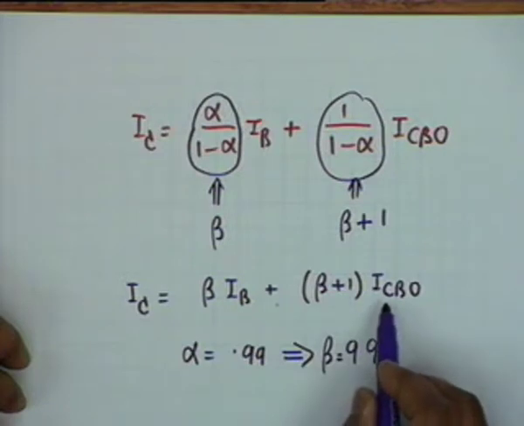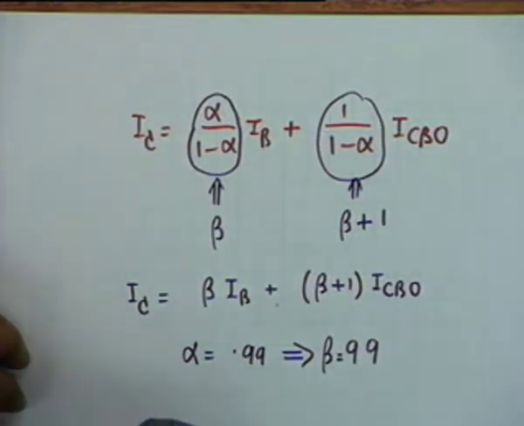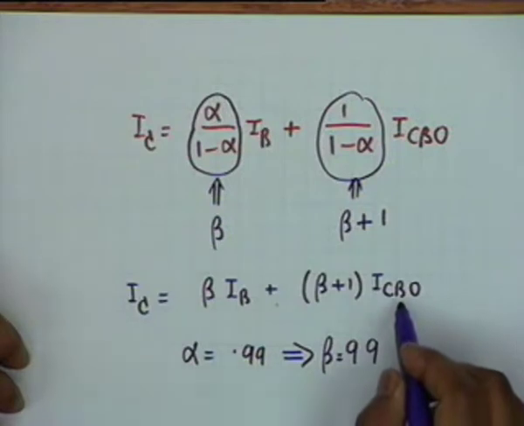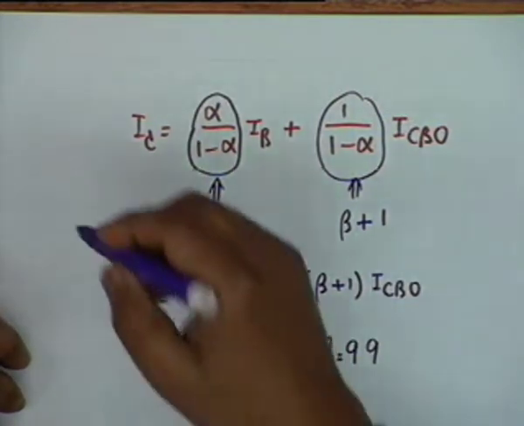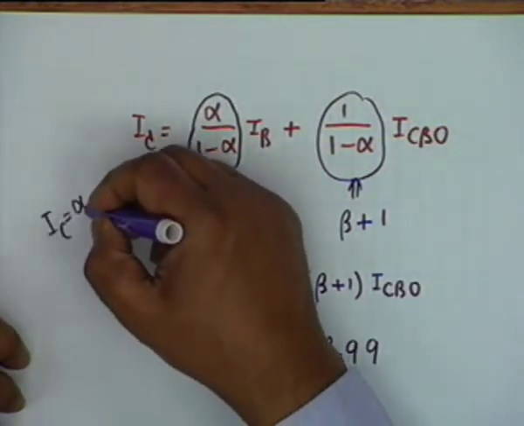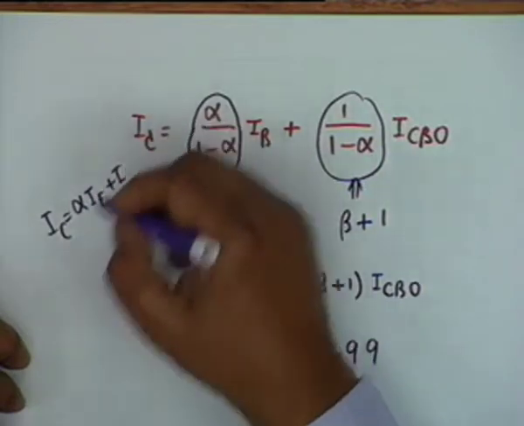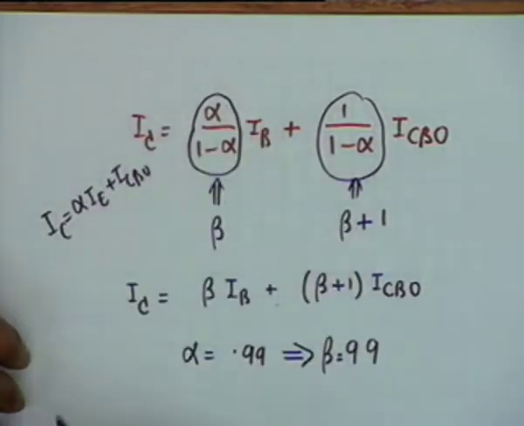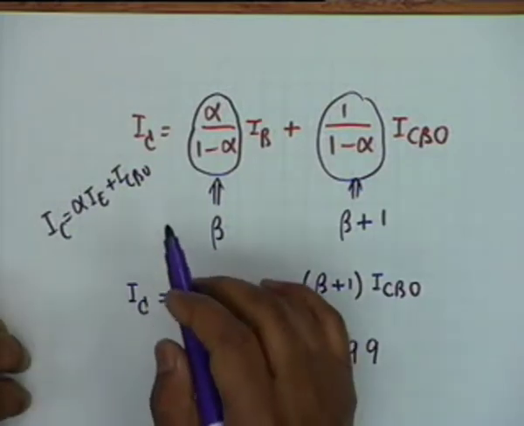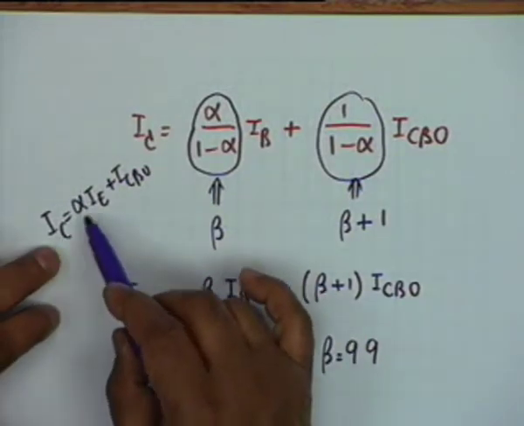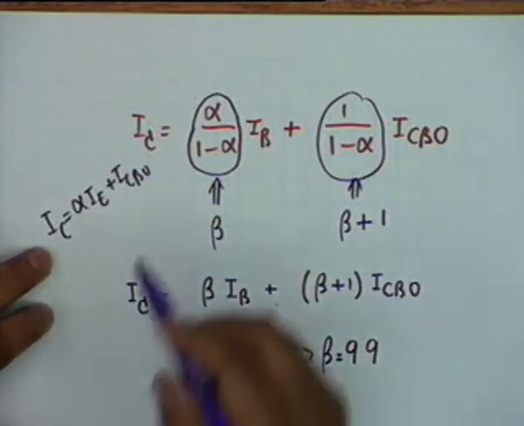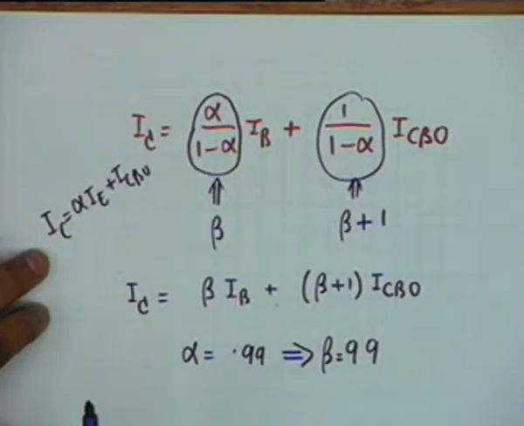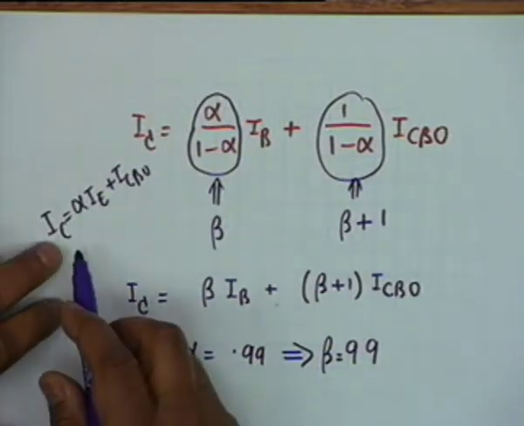The other thing is that in the common base connection, the relation between input and output was simply IC equal to alpha IE plus ICBO, and ICBO formed a small fraction of the total current.